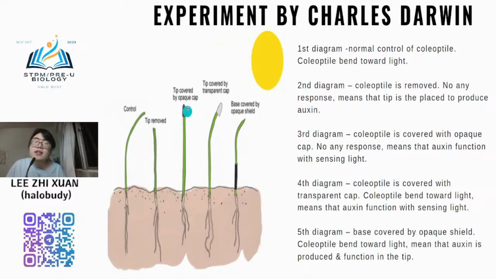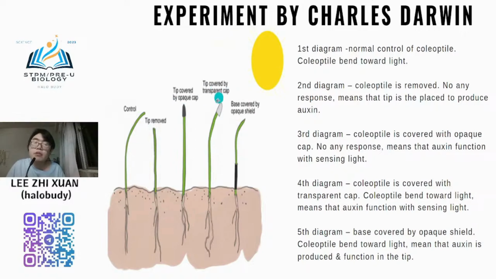So since there is no sunlight there, there will also be no response, because auxin only responds when it is sensitive to the light. So if there is no light response, the shoot also cannot grow.